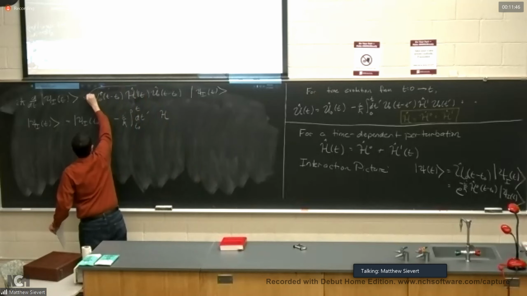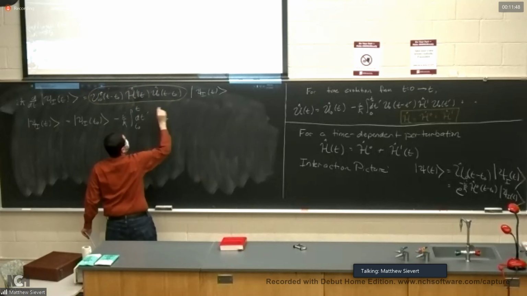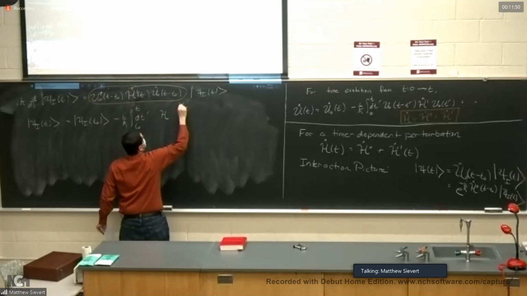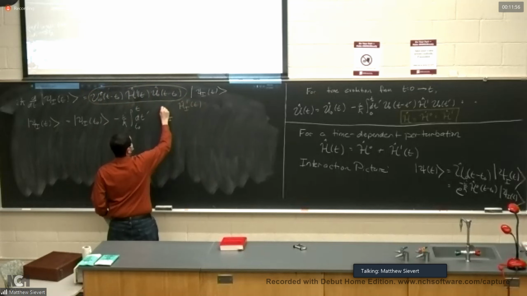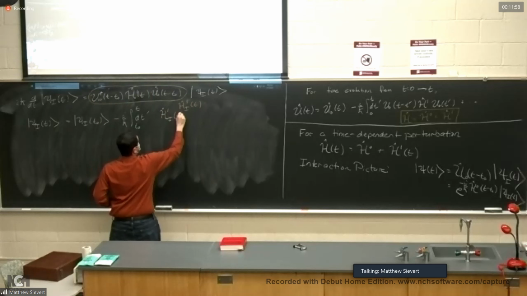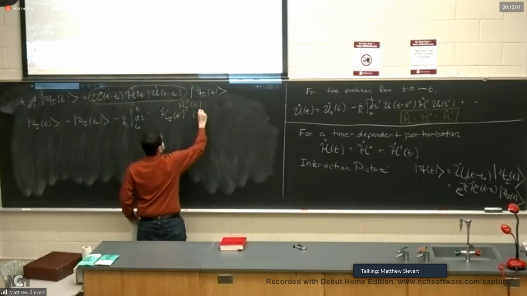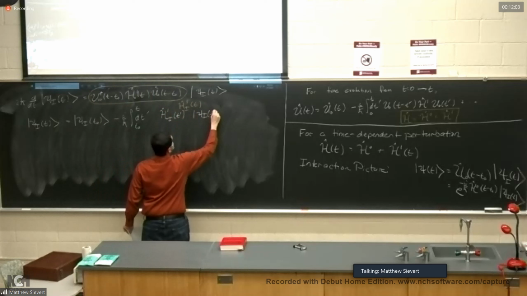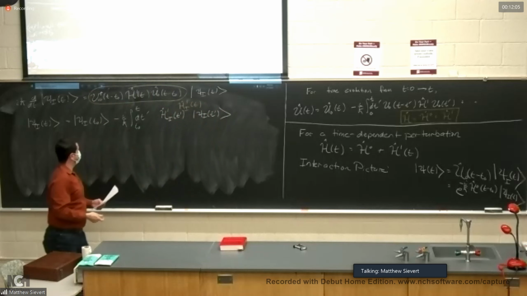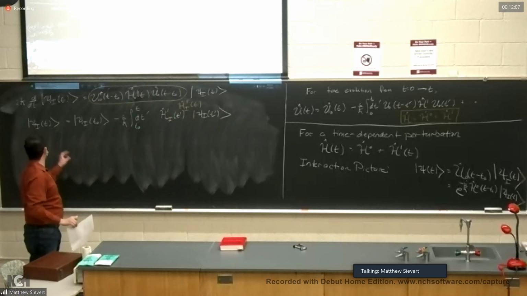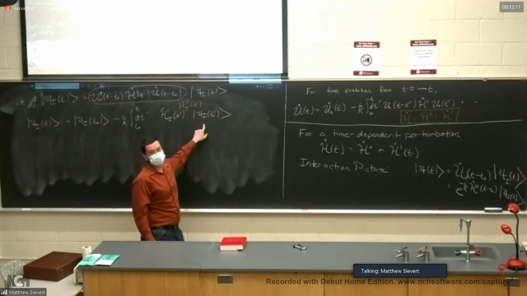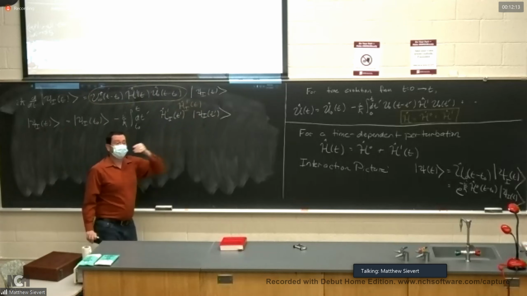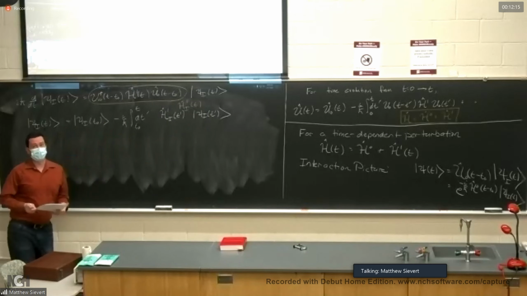So this whole thing together was what we called H I of t. And so that's what shows up to govern this evolution at t prime, times the wave function psi I of t prime. So this integral equation is not really a solution. It has the state on the left and the state inside the integrand on the right. But the advantage is that this one can be nicely iterated order by order.